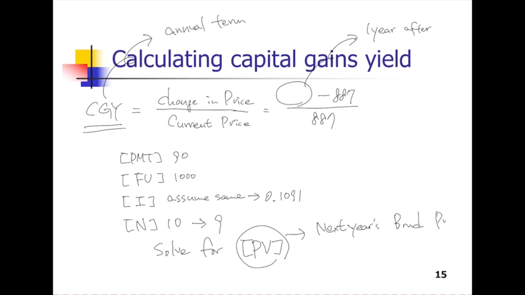You can also use the Excel function. The function name is PV. The rate is 0.1091, the number of periods is 9, the payment is 90, and the face value is 1,000.